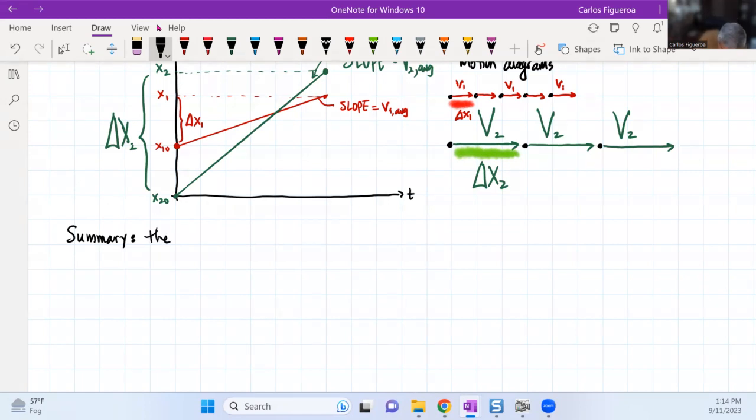So the magnitude of the slope tells us about the speed.